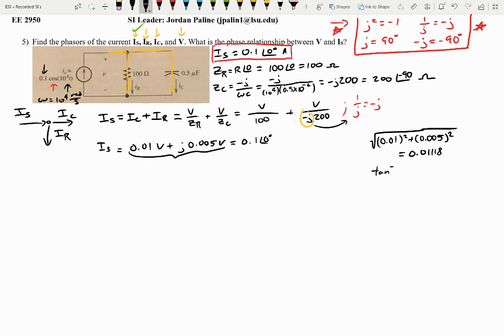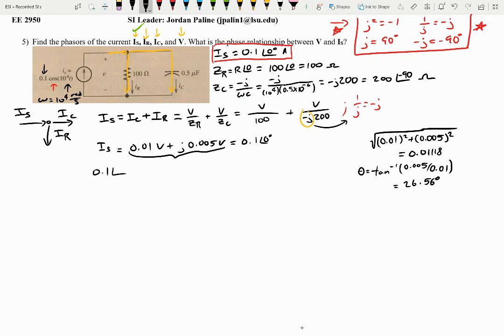Then theta is equal to tangent inverse of 0.005 over 0.01, which gives us 26.56 degrees.